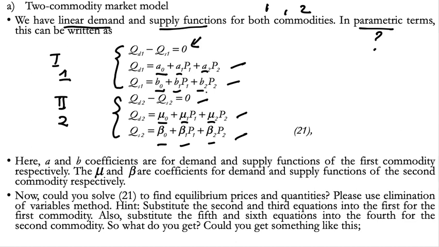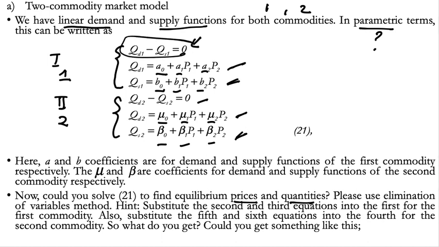Is it possible for us to solve and find the equilibrium prices and quantities here? Logically speaking, yes. How many variables do you have? P1, P2, and also Q1, Q2 that you need to find. How many equations? 1, 2, 3, 4, so they can be solved.